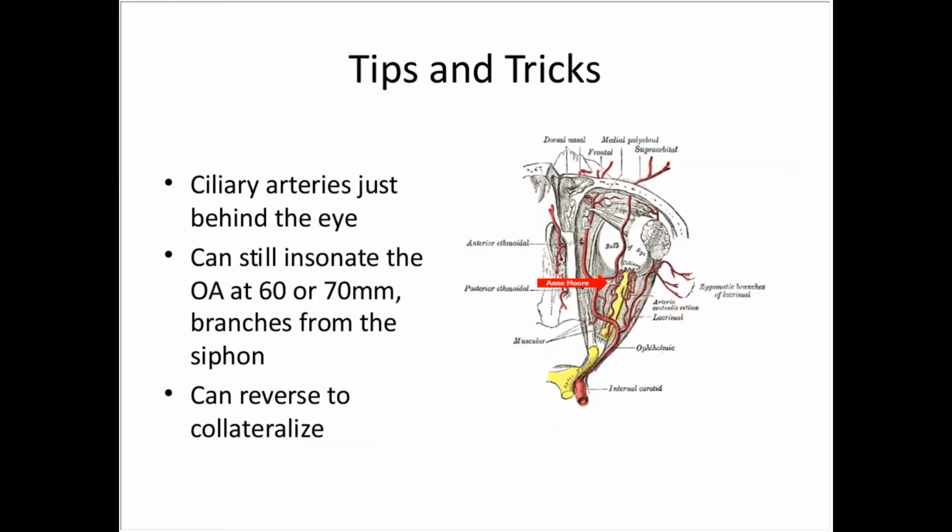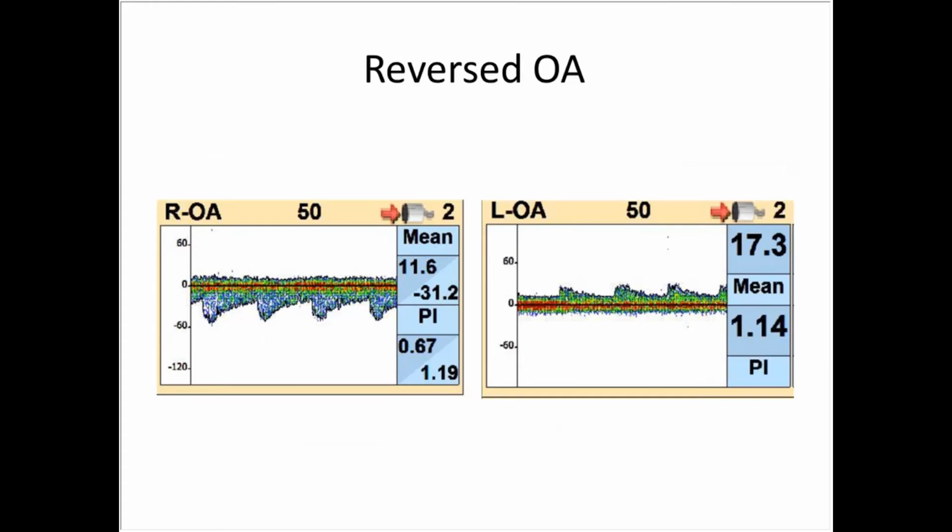And the ophthalmic can reverse to collateralize. This is an example of a reversed right ophthalmic, and as you can see, it has a lot more diastolic flow when compared to the left ophthalmic.